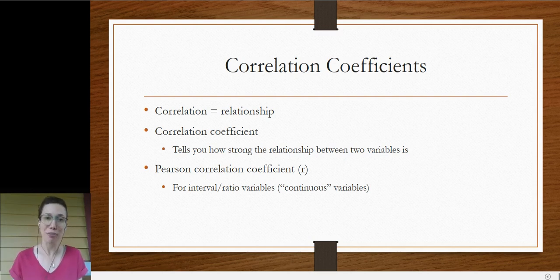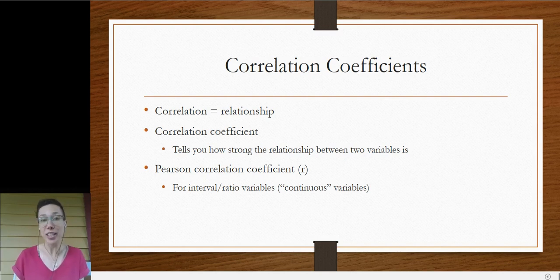So another super important thing to know about correlation coefficients, and here we're going to pull back to levels of measurement from our first week together. Correlation coefficients can only be calculated with interval or ratio level variables. If we have a nominal level variable like eye color or hair color or profession or hobby, we can't calculate correlation coefficients.